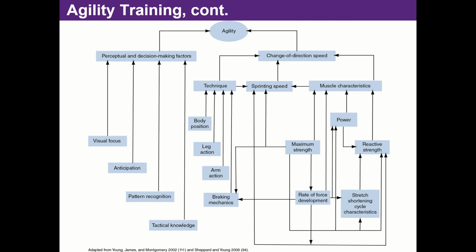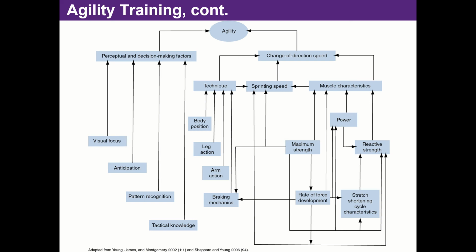But in terms of change of direction, one of the things is being able to keep your center of gravity over your base of support, keeping your center of gravity relatively close to your base of support, because the higher up you get, obviously when we change directions, you want to be fairly low. You're going to squat down a little bit. The higher up you stand, the more of a torque that creates, more of a turning force, right, of your center of mass relative to your base of support.